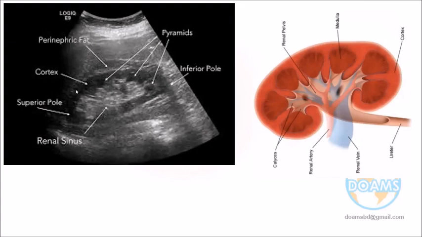There is a differentiating line between cortex and medulla, called corticomedullary differentiation, CMD. If differentiation is possible, this is normal. If differentiation is lost, that means cortical damage happened and the cortex becomes almost the same color as the medulla or interstitium.